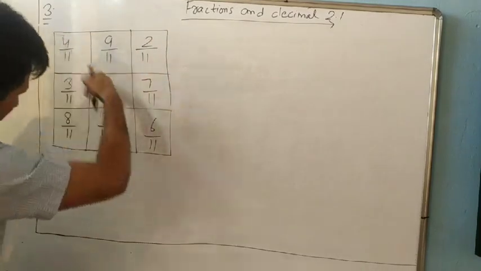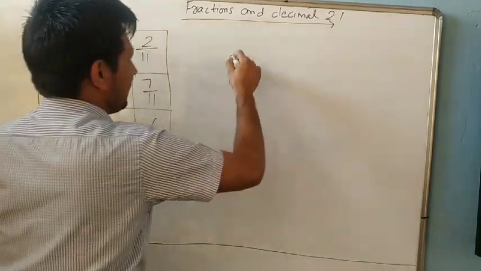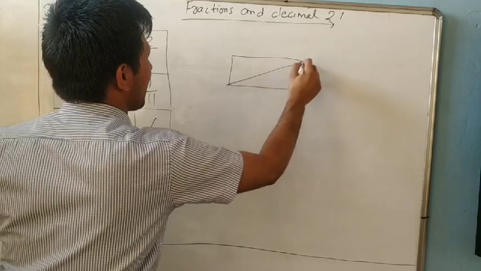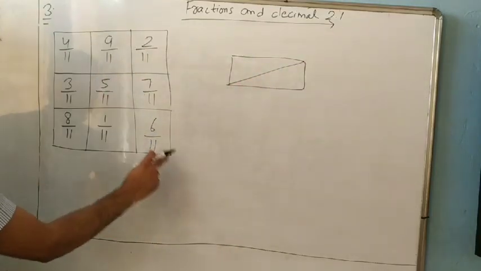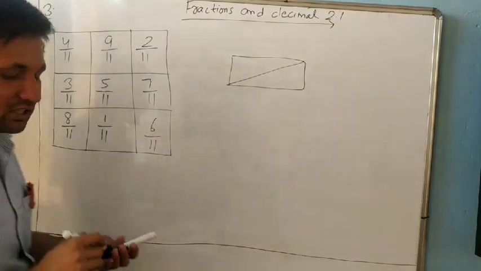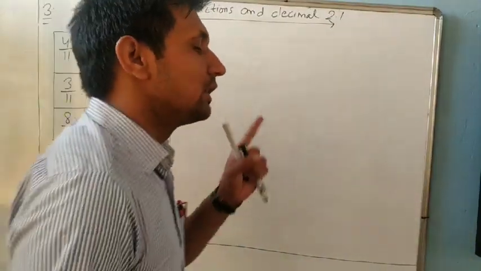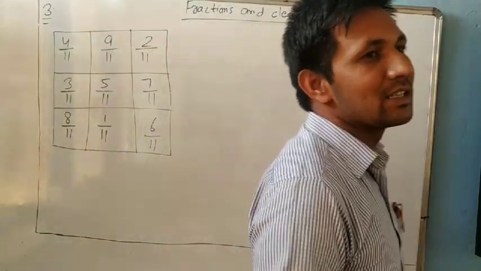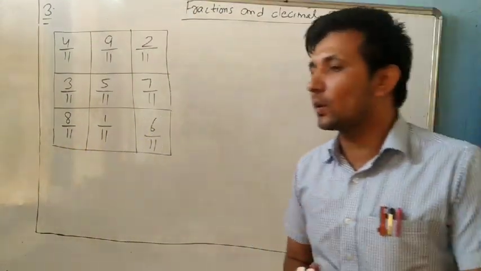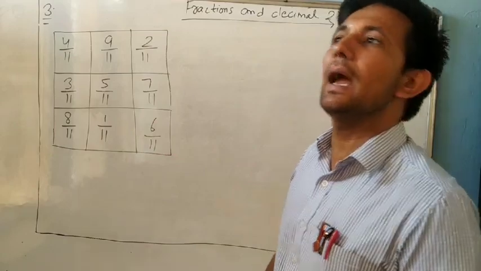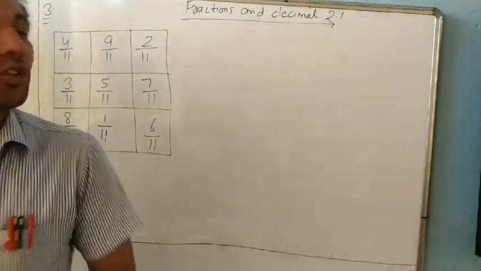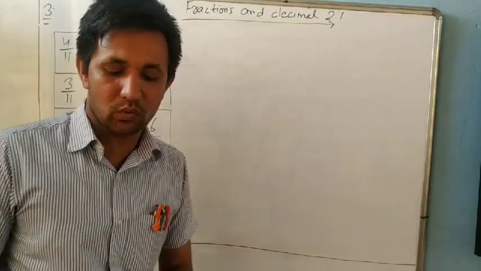These are the diagonals. Okay, everyone knows a diagonal from a rectangle. If the sum of each row, each column, and each diagonal are equal, then you can say that it is a magic square. So you have to check whether it is a magic square or not.